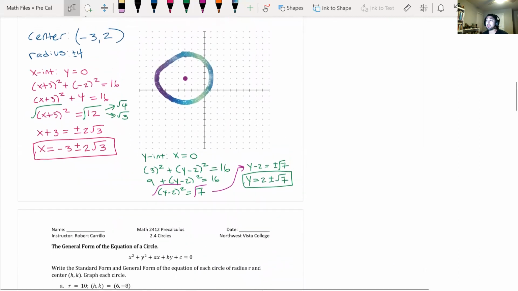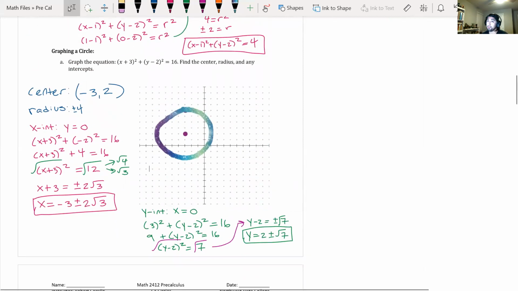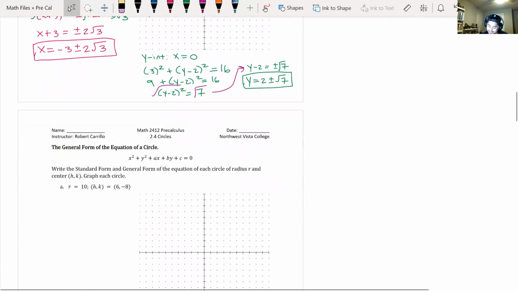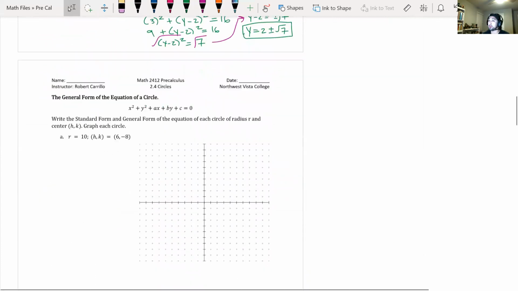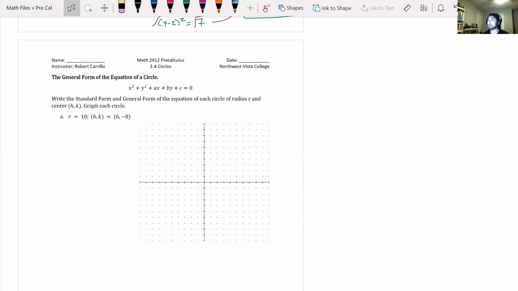So we have been given the standard form of a circle. The next thing we are given is the general form of the circle. Basically, what this form is, you took the standard form, you foiled everything out and moved everything to the left side. So this is the general form. It's everything foiled out and moved to the left side of the equation.